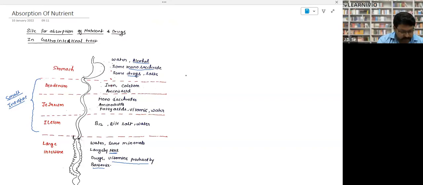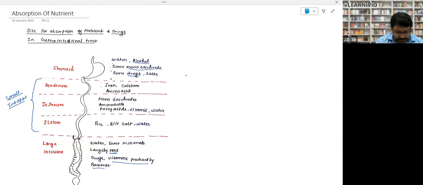The other 10% occurs in stomach and large intestine. Full stop.